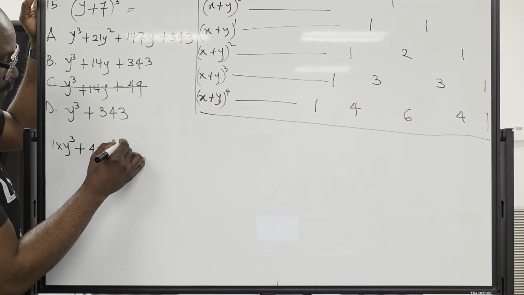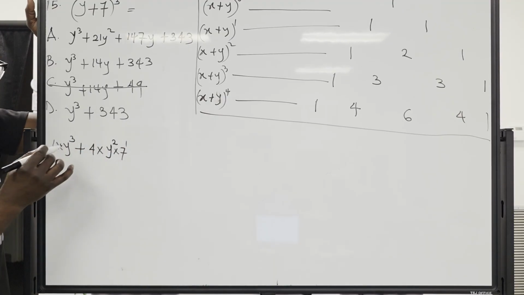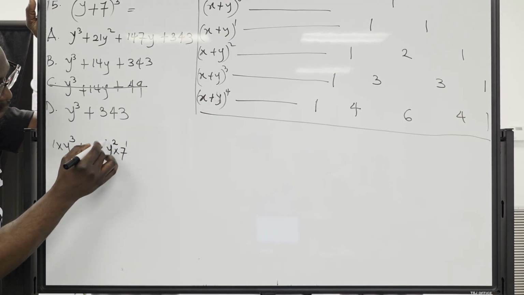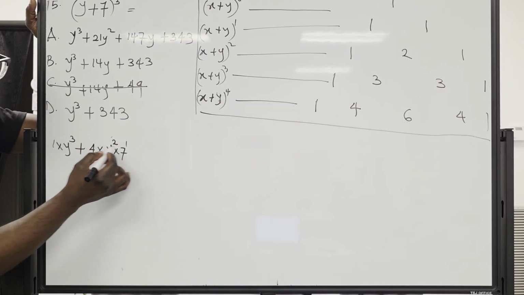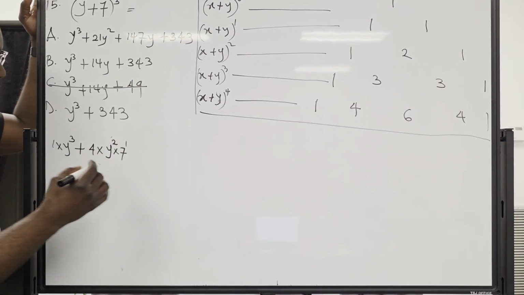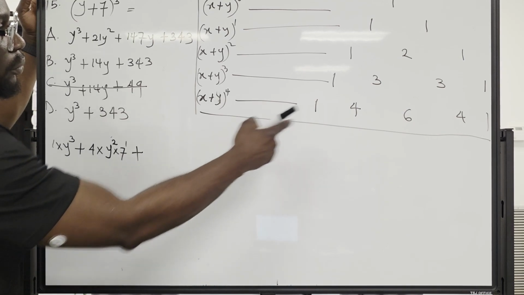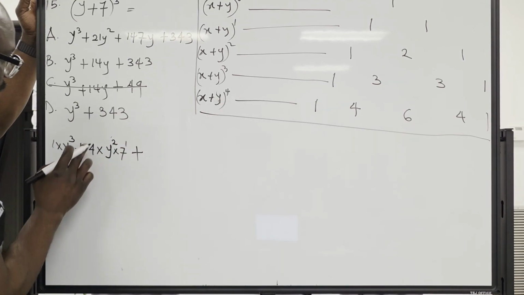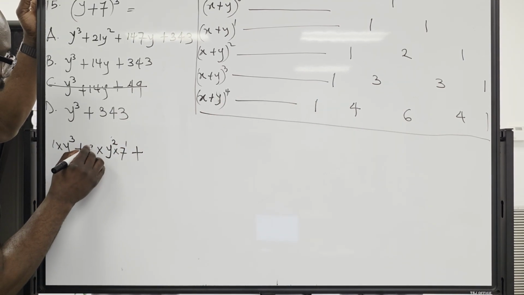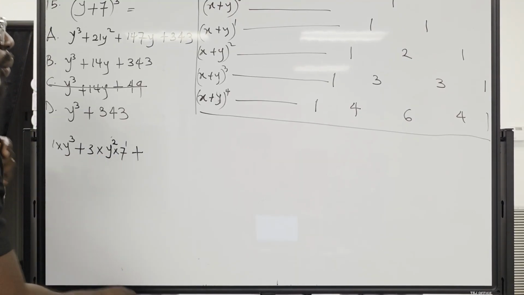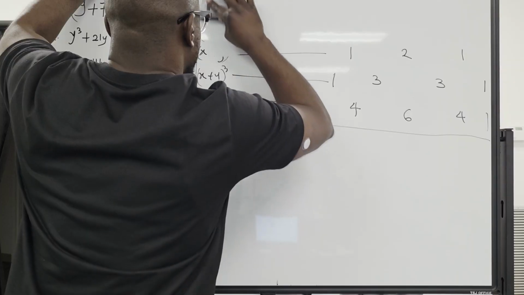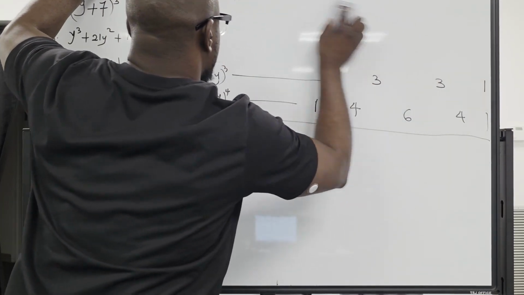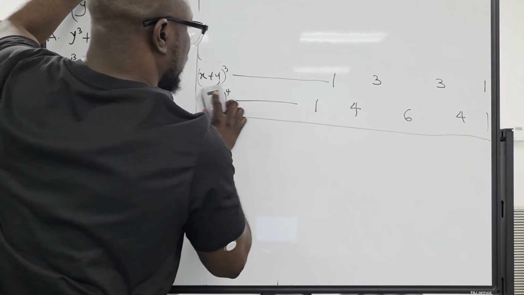This 7 is reduced by 1. When you add these two powers together, they must always equal 3. The powers must be equal to 3 every time you do it. Plus, sorry, not 4, that's 3. Because we're working with this right now, let's take this off so we don't confuse ourselves.